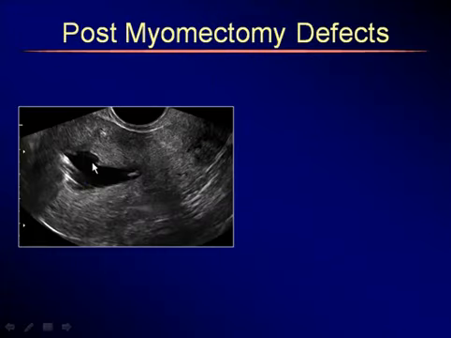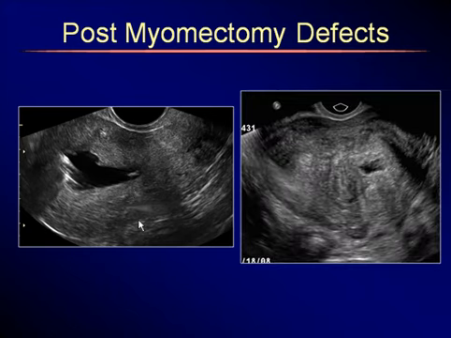Here's a sonohysterogram that shows us filling of a myomectomy defect, almost a diverticulum that comes off of the endometrial cavity. This has been described in the literature. Here's another patient who had a surgical myomectomy and developed a hematoma and eventually an area of scarring within the myometrium.